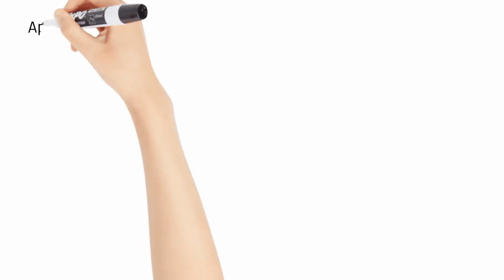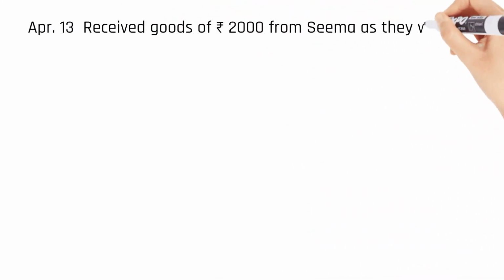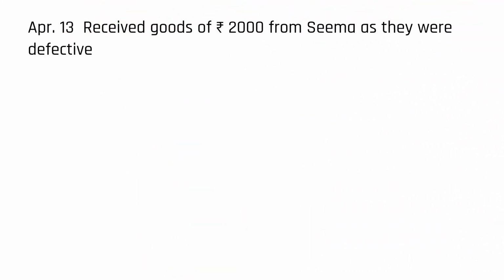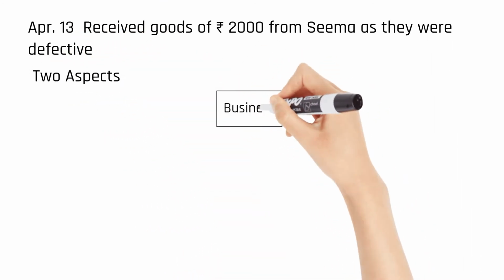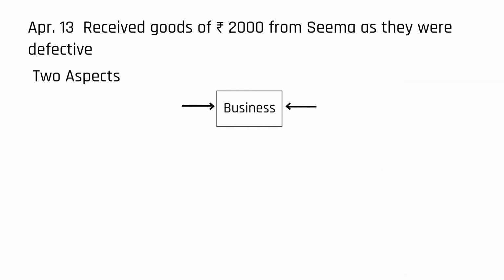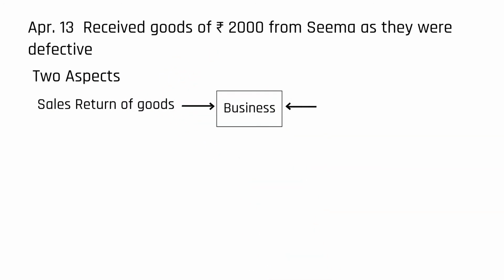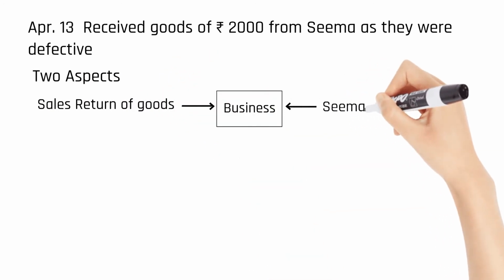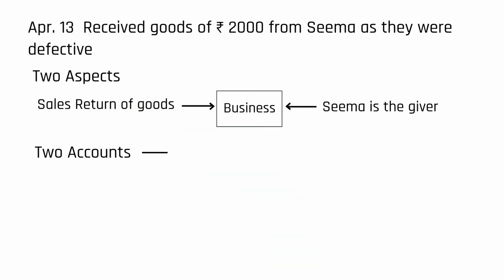April 13, received goods of Rs 2,000 from Seema as they are defective. If we go back a few transactions, Ram Traders had sold goods on credit to Seema. So now if she has sent back goods due to defect, we say it's sales return for Ram Traders. Here two aspects are goods are returned and Seema is returning it. Two accounts are sales return account and Seema's account.